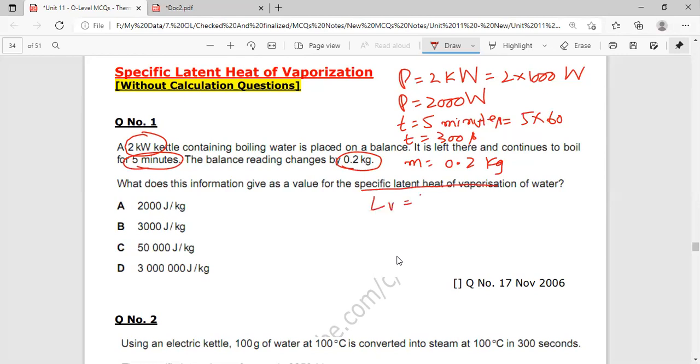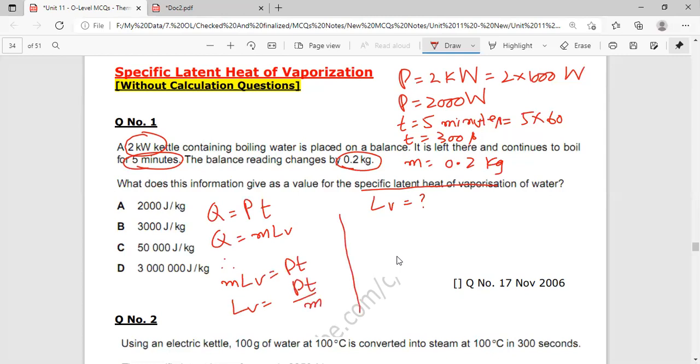LV. Again, a double formula will be there. Q is equal to PT. Q is equal to MLV. Therefore, MLV is equal to PT. LV is equal to PT over M. Putting the values, the value of P was 2000, the value of T was 300, mass was 0.2.